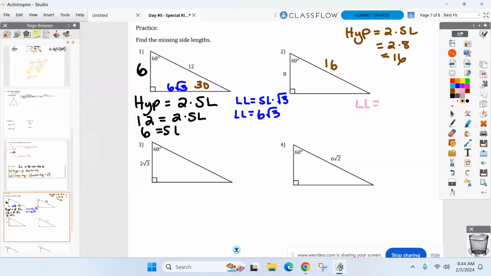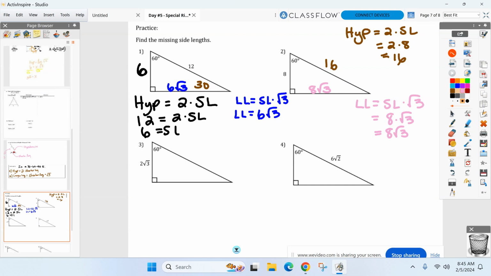Longer leg equals shorter leg times radical 3. Substitute in 8. Radical 3.